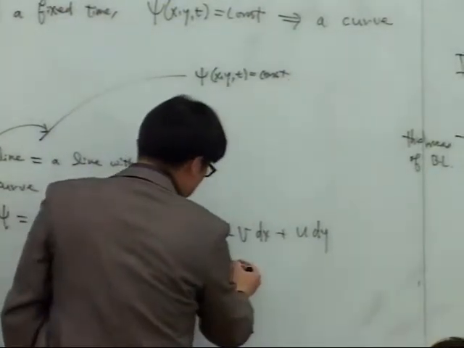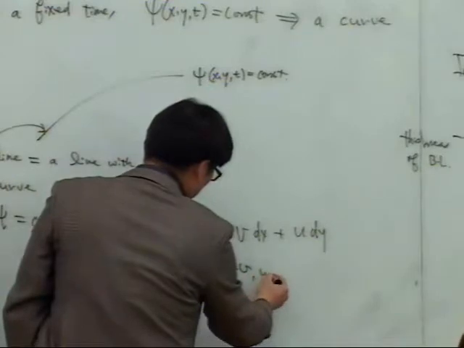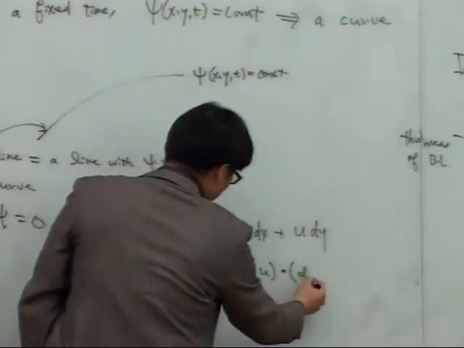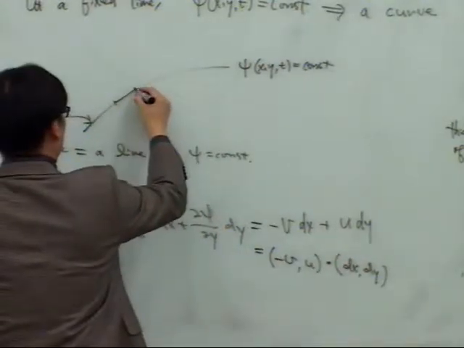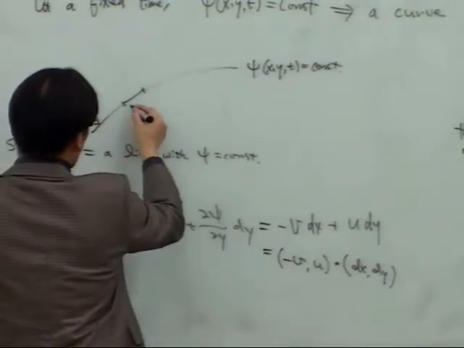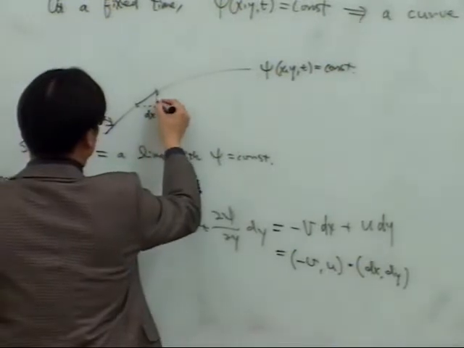And you can think of this as the product between two vectors, minus v, u and dx, dy.